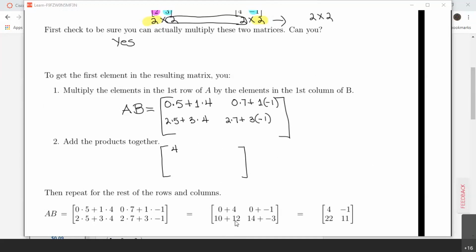That's 22. 0 times 7 is 0, and 1 times negative 1 is negative 1. So that's negative 1. And then 2 times 7 is 14. 3 times negative 1 is negative 3. So 14 minus 3 is 11. So that's the process for doing it by hand.